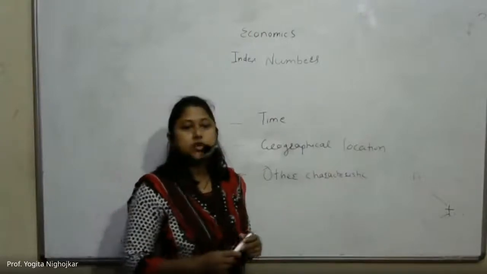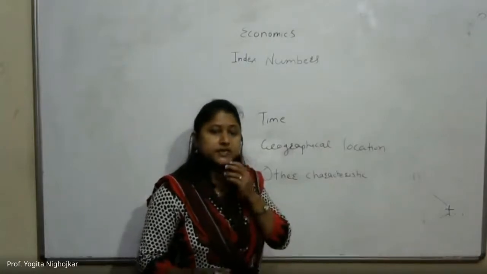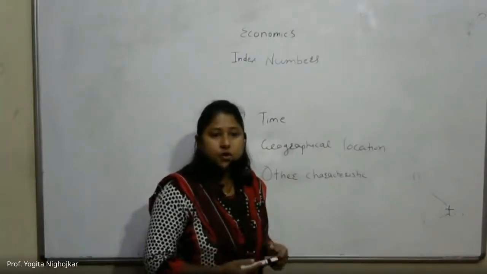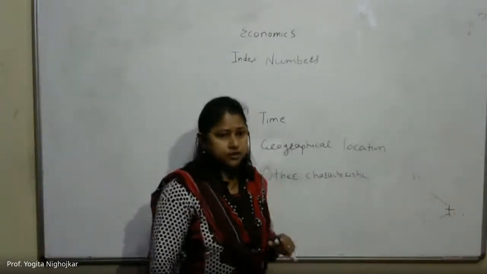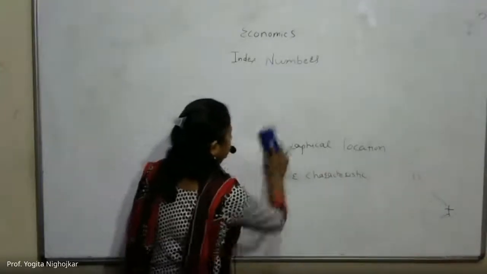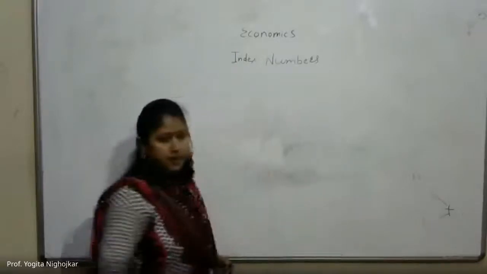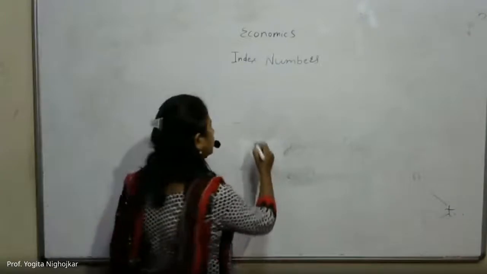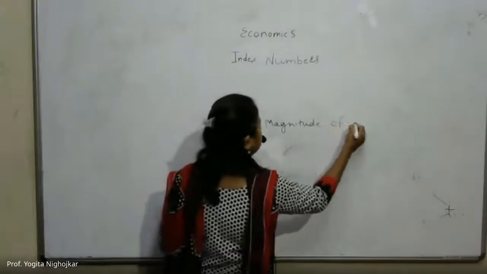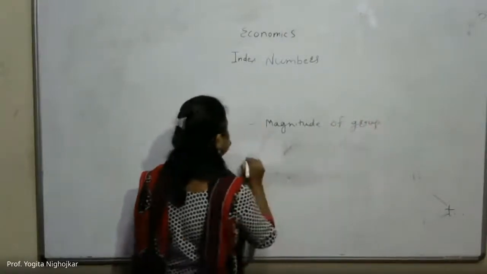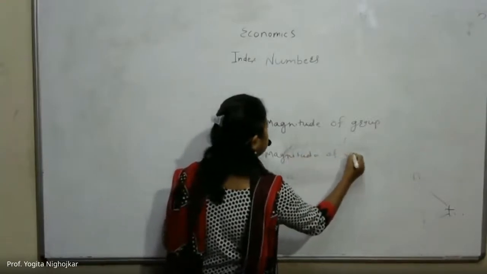Second definition is Croxton and Cowden. Index numbers are devices for measuring differences in the magnitude of a group of related variables. Croxton and Cowden have considered 2 aspects, that are magnitude of group and second is magnitude of variables.